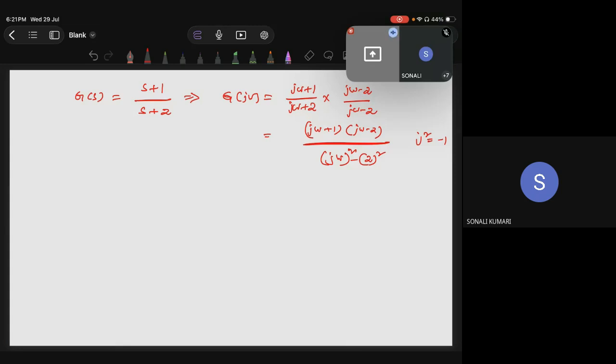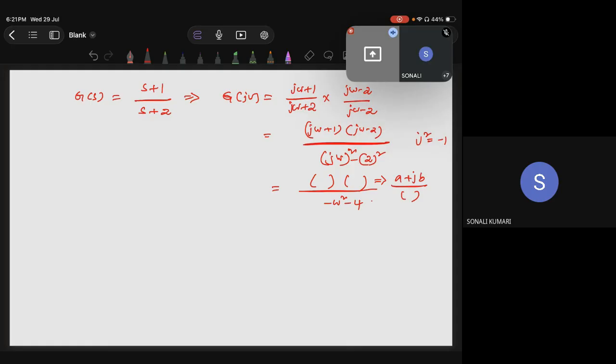So ultimately, what do you get here? The numerator has these terms, and the denominator you'll get minus omega square minus 4. In the numerator, if you multiply them, you write them as a plus jb, divided by this.